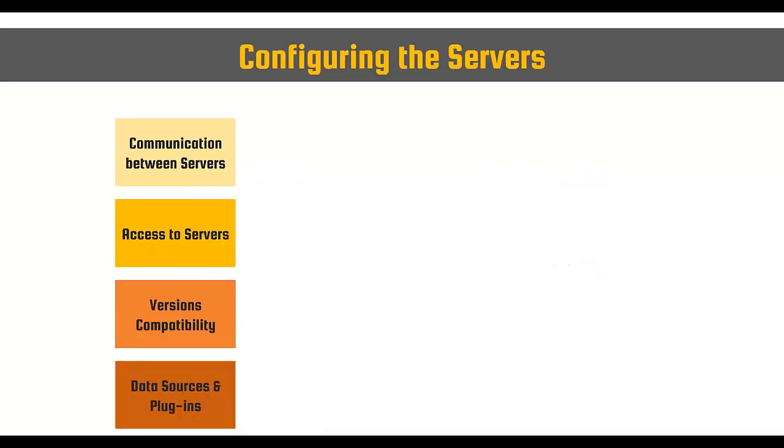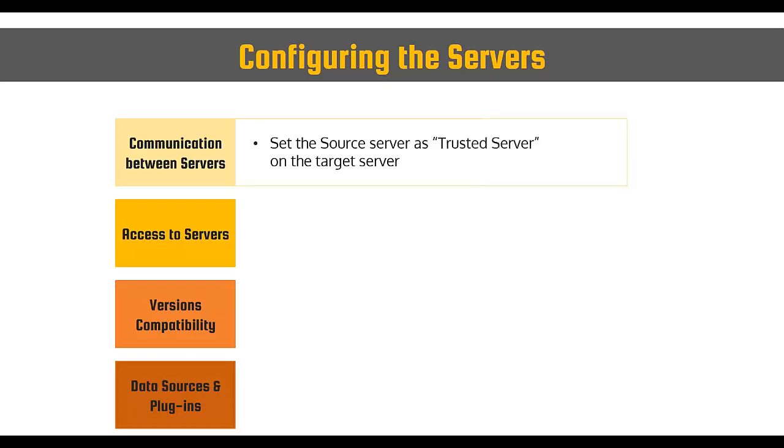And for that we need four things as prerequisites. So the first one is we should grant communication between the two servers. That means that in the source server we have to set the target server as a trusted server, and we will see how to do it in a minute.